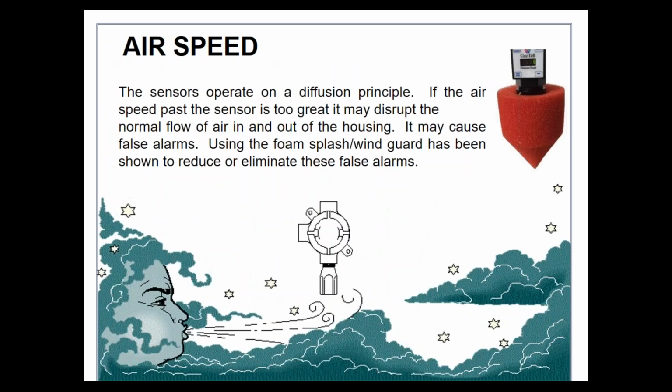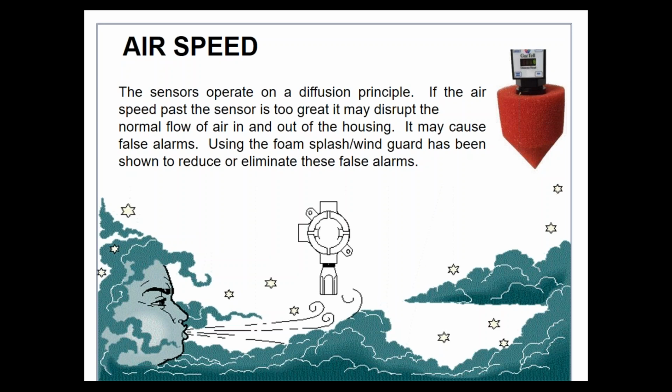We talked about air current before, but I did this as a separate unit because I wanted to show you the splash guard on a GasTel, and I wanted to emphasize that airspeed is very important. A lot of times we tell customers to put the sensor on the side of an I-beam or a vat that has less wind currents.